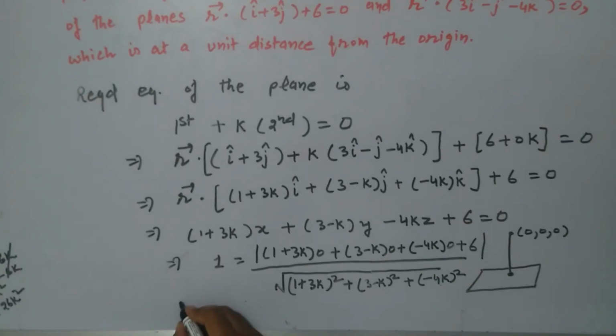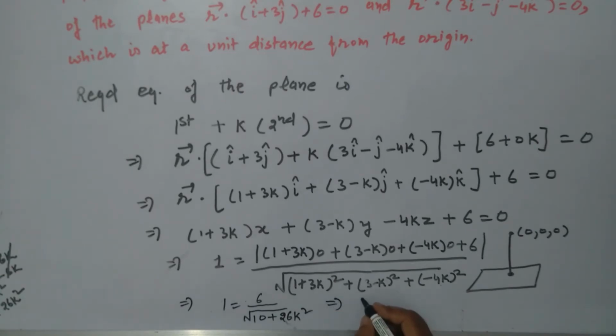Now this implies 1 is equal to 6 upon square root of 10 plus 26k square. Squaring both sides we have 10 plus 26k square is equal to 36.